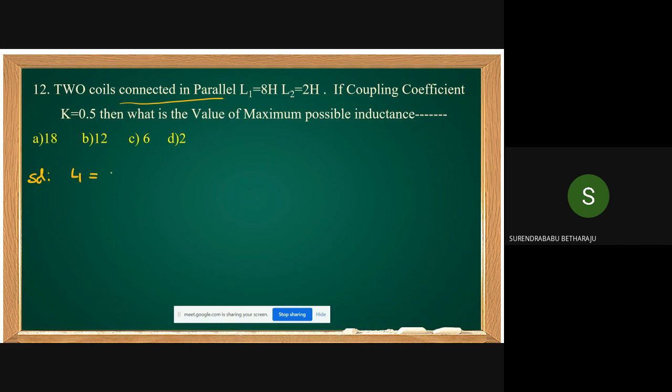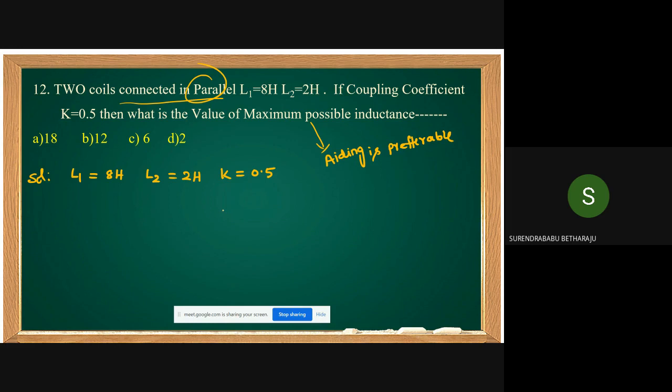For maximum possible inductance with the coils connected in parallel, which is preferable, students, aiding or opposing? To get the maximum possible inductance, aiding is preferable.